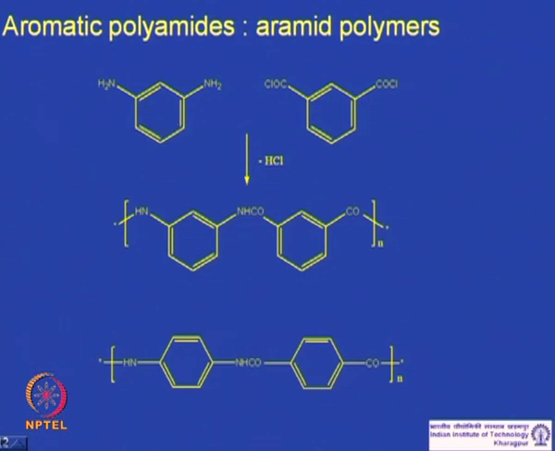So, these are aromatic polyamides, commonly known as aramid polymers, and the reactivity of this nitrogen attached to the aromatic ring is much less compared to if it was a simple aliphatic group.